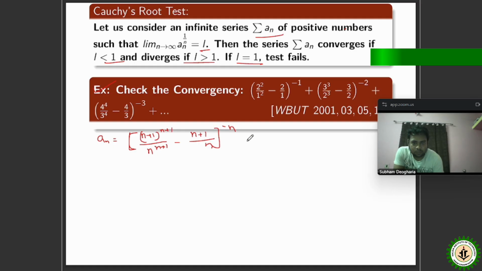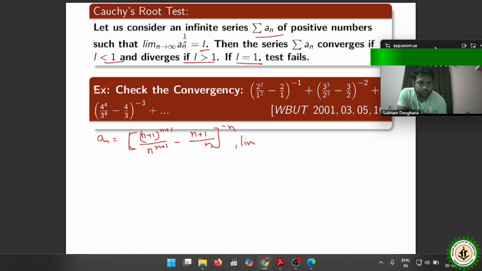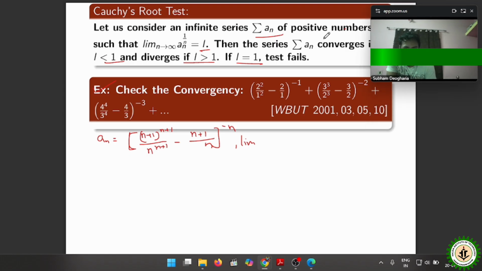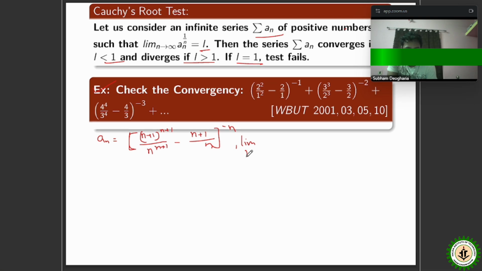Now from Cauchy's root test, limit n tends to infinity a_n to the power 1 by n is actually equal to what?